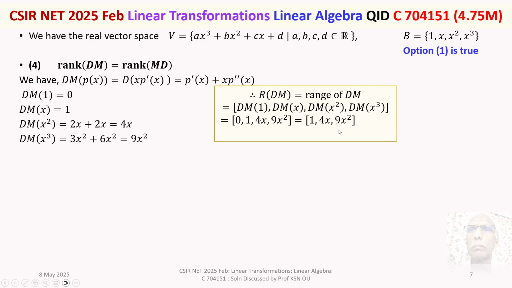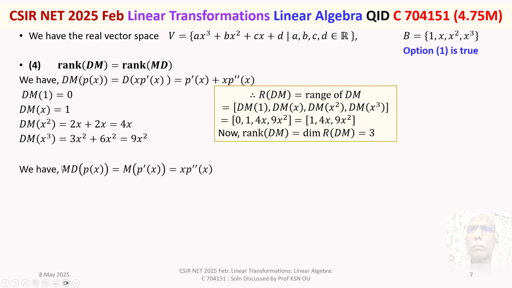Now they are linearly independent. So therefore this will be a basis for the range of dm. Then its dimension will be the number of elements present in the basis, that is 3. Now the rank of dm, by definition, is the dimension of the range of dm, which is 3. Right.